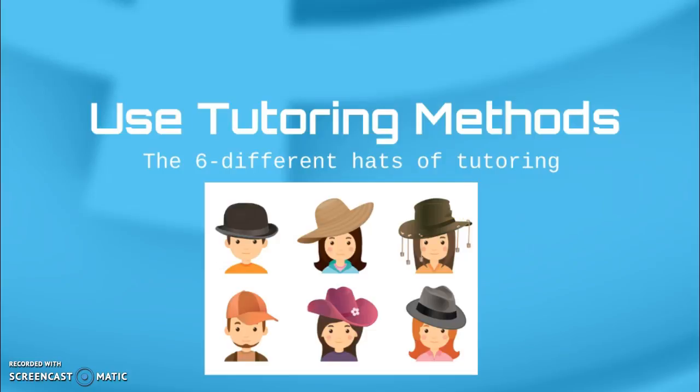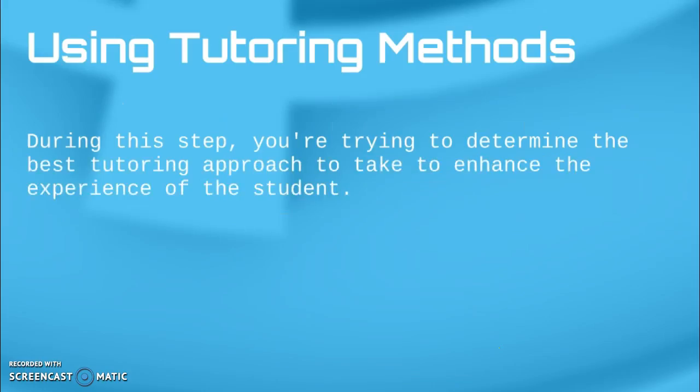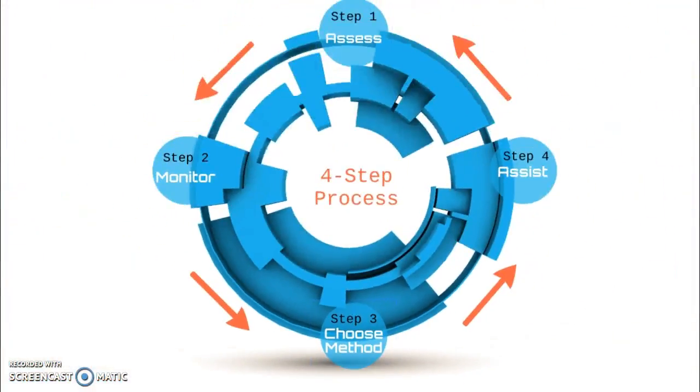Does the student need help looking at the bigger picture, concept, or problem or issue? If so, maybe consider using the commentator method. Whichever the case, tutoring methods are very helpful in trying to determine the best tutoring approach and also enhancing the experience of the student.